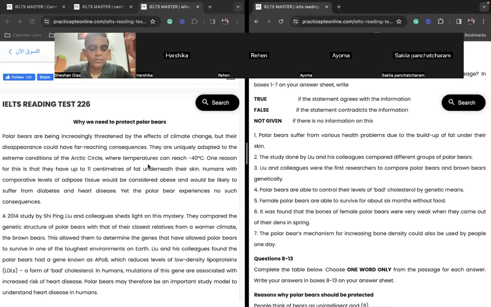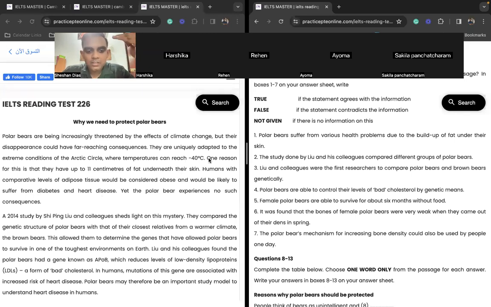Now we have to look for that in the paragraph. Polar bears, we can easily see here. Can we find the word sick or health problems somewhere around here? More than that, we found underneath their skin. Under their skin, underneath their skin. We have located one particular word. Suffer from diabetes and heart disease. They're sick, they get sick.